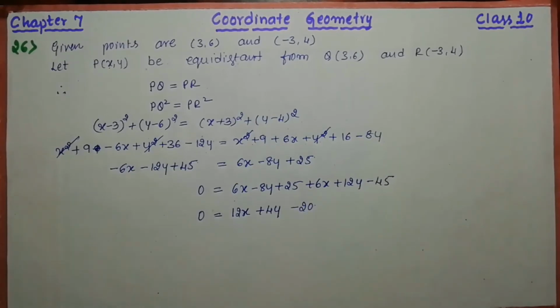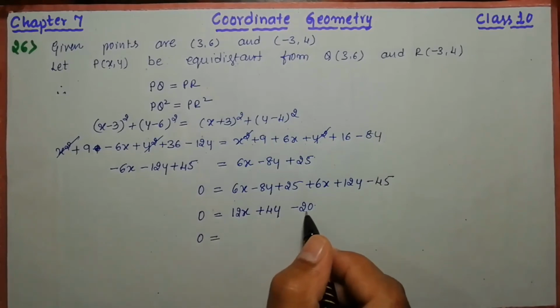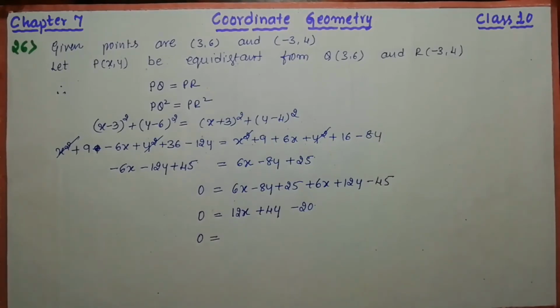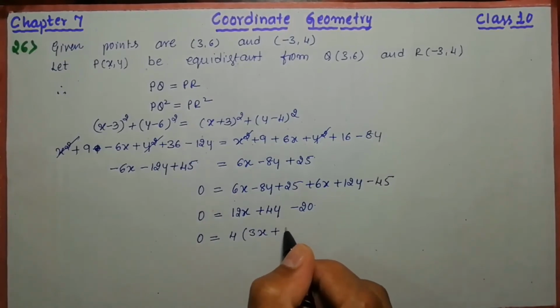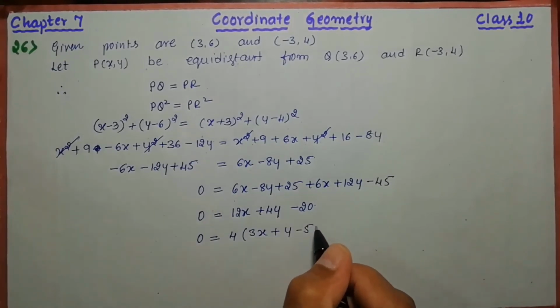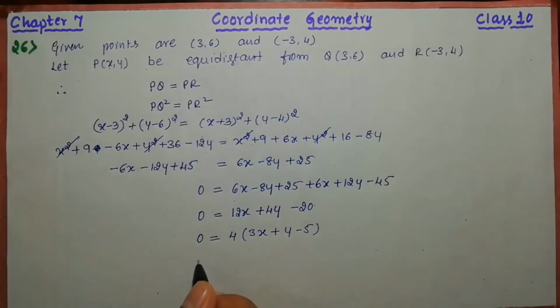Okay, like this. And again you can simplify this one further, because here 12, 4, and 20 are present, so you can take 4 as a common factor. If you take 4 as a common, it will become 4 times 3x, 4 times y, and 4 times 5, and you can cross multiply 4 towards the left hand side, it will become 0 by 4, and it will become 0 again.